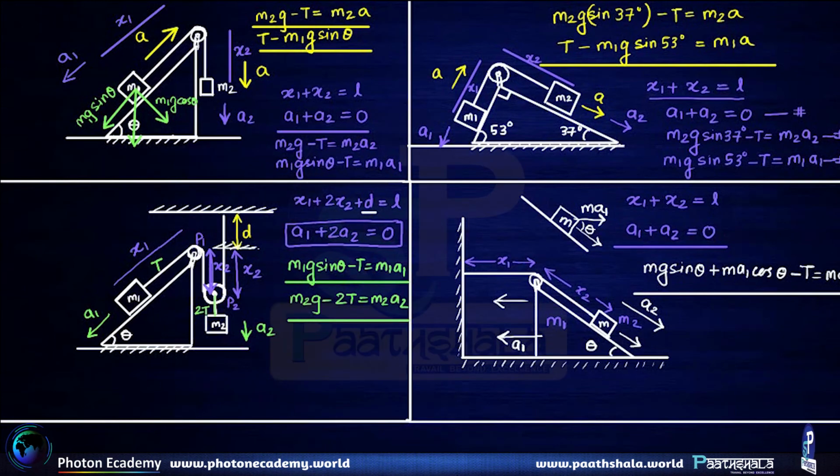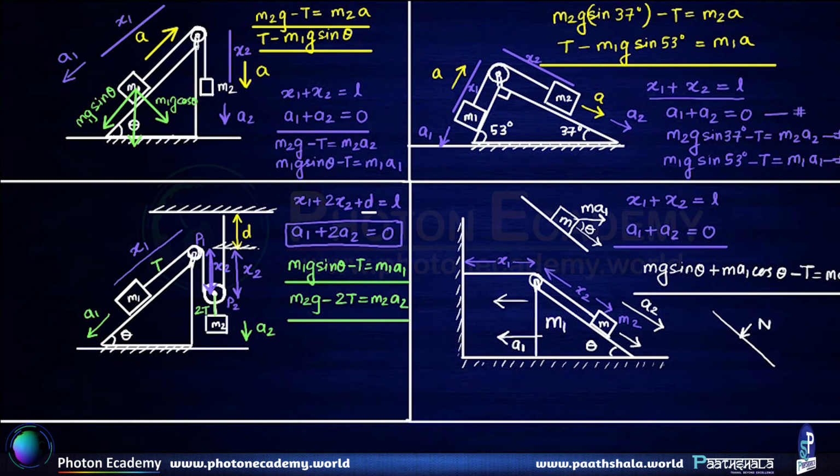So the mass m1 is moving towards the left hand side with acceleration a1. So this mass m1 has a normal reaction that is being applied to it because of the mass m. So this is the normal reaction. This angle is theta. So this component of normal reaction happens to be N sin theta.